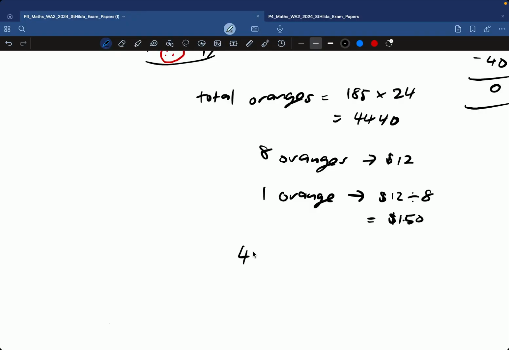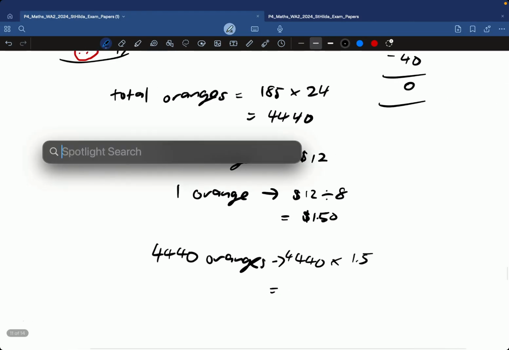So 4,440 oranges is equal to 4,440 times 1.5.